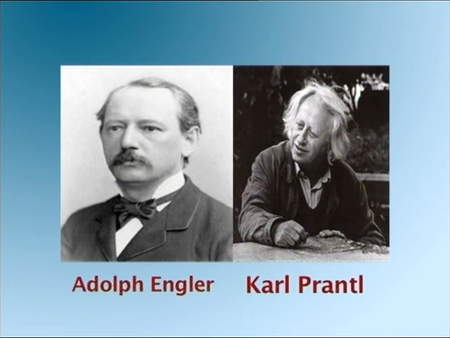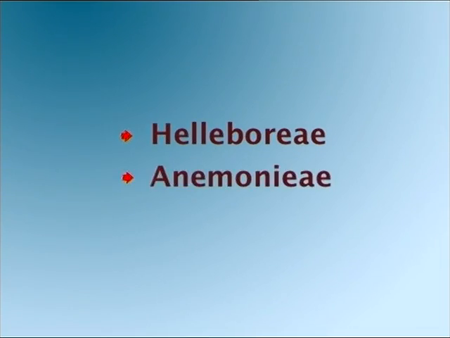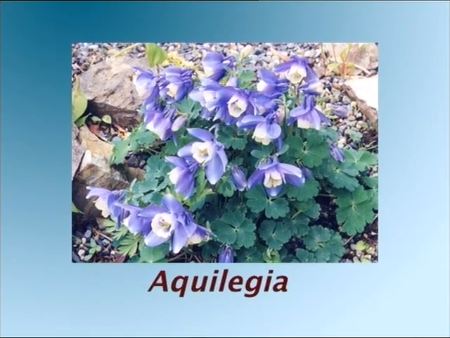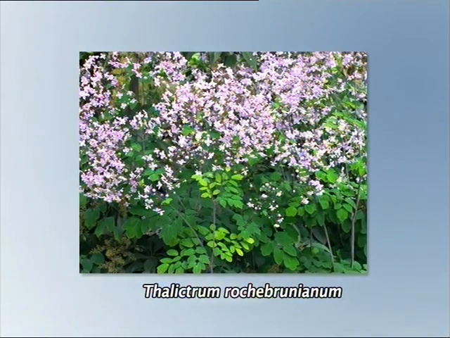Engler and Prantl have recognized two major tribes, Helleboreae and Anemoneae, in the family Ranunculaceae with base chromosome numbers of 7, 8 and 9, and both have genera with large and small chromosomes. The genera Aquilegia and Thalictrum, along with a few others, differ from most Ranunculaceae in having small chromosomes and basic chromosome number being 7 rather than 8.